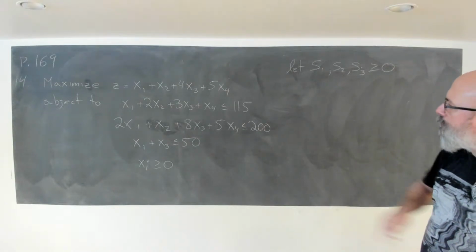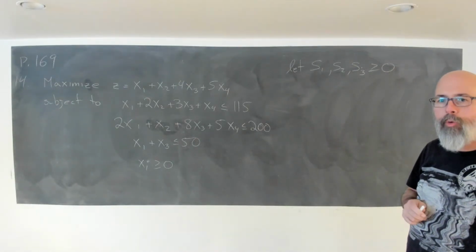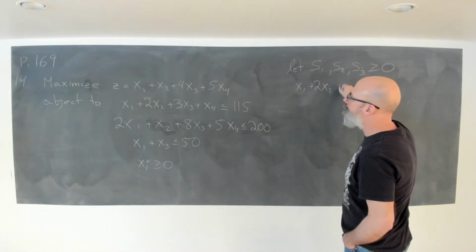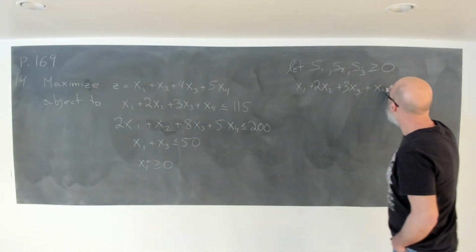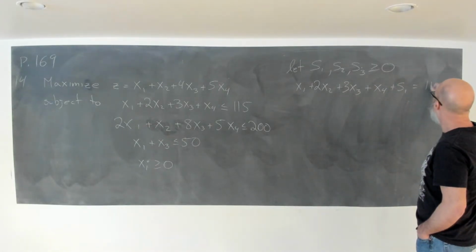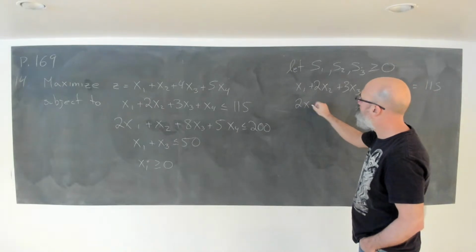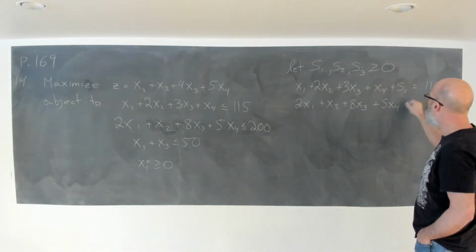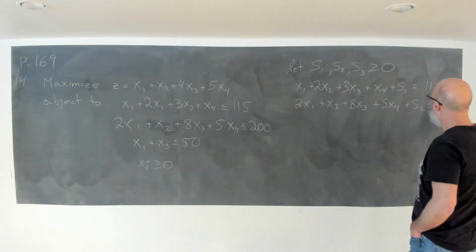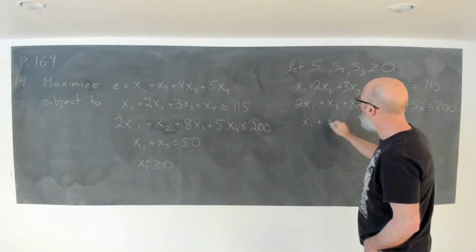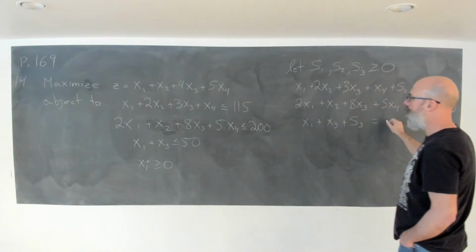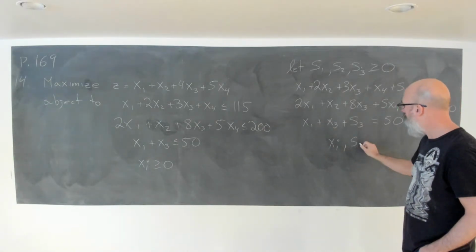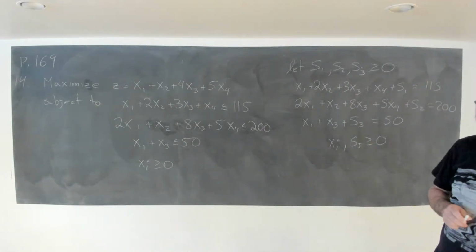Let's introduce S1, S2, and S3, which will transform these inequalities into equations, namely, where all the xi's and sj's are bigger than or equal to 0.